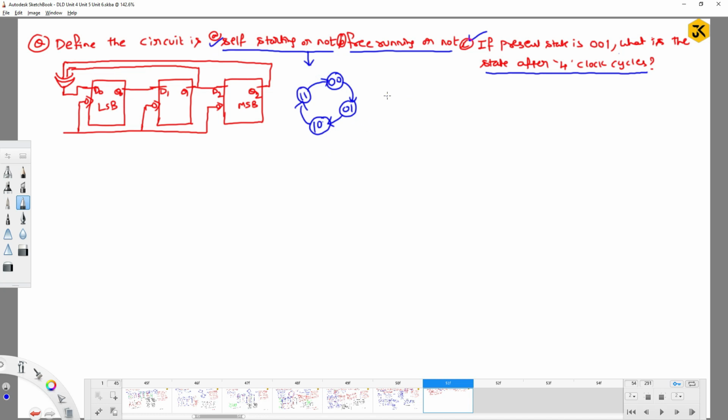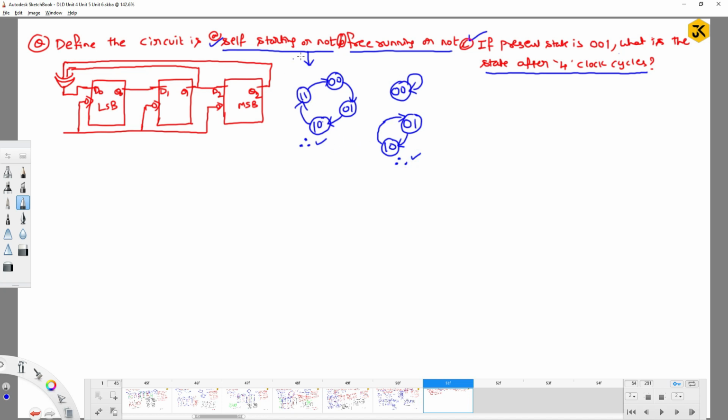Or sometimes you may get a situation like this also: 0 1 1 0 and something like this. Let us assume this is one kind of diagram, and this is another kind of diagram.